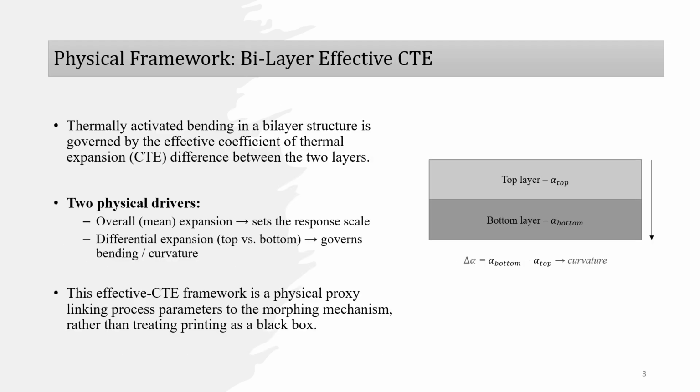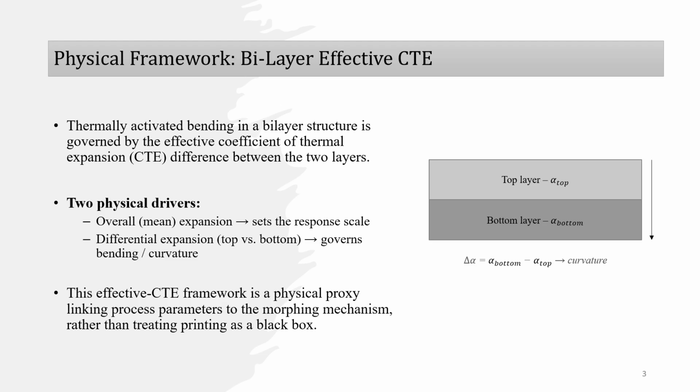This slide presents the physical framework used in this study. The basic assumption is that thermally activated bending can be interpreted using a simplified bilayer model. In this model, the beam is represented by a top layer and a bottom layer, each having an effective coefficient of thermal expansion, or effective CTE.